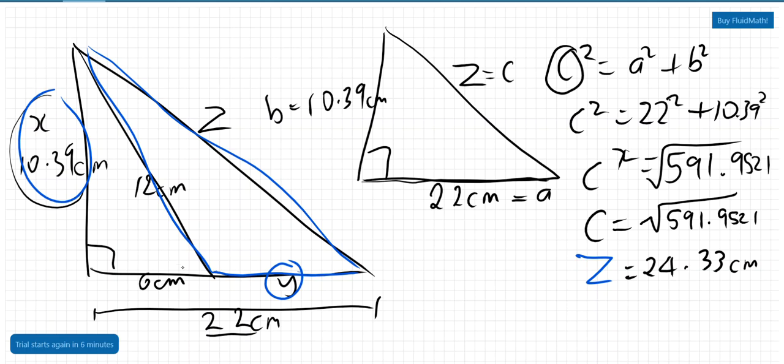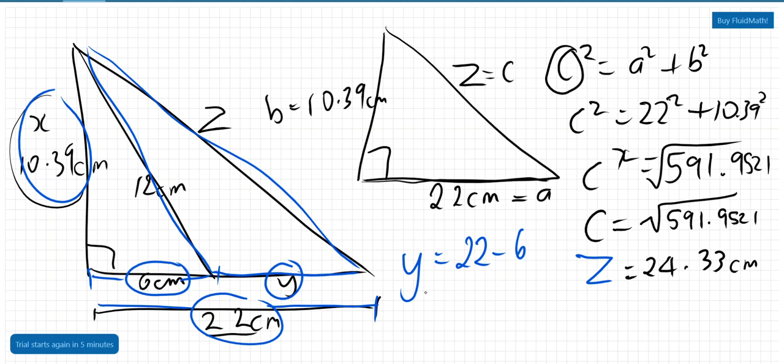No, because we have 6 centimeters given to us. We have from here to here. We have 22 given to us. So you can see that the bigger line, 22, take away 6, will leave us with y. So just to show some working out, we'll say y is equal to 22 take away 6.